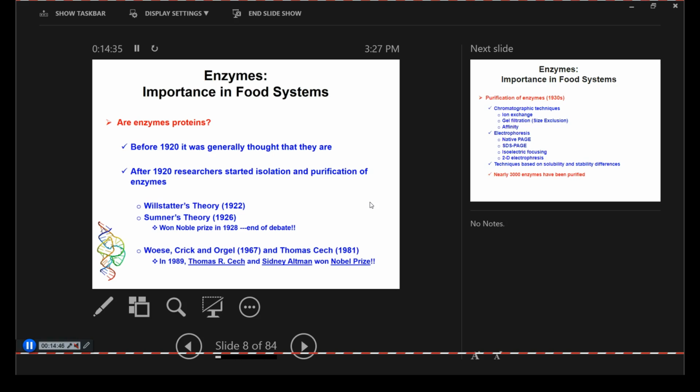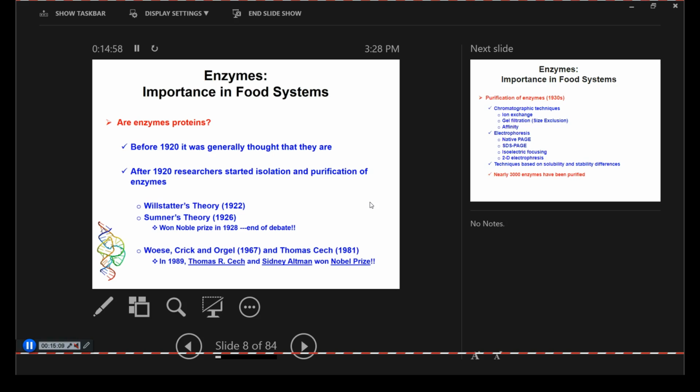Scientists from Cornell, because they were able to prove their theory and got the Nobel Prize for it. End of debate. During the debate, obviously, all the European scientists sided with Willstetter against the American scientists. But for once, American scientists won. Not for once, I'm sure there were many times. But in this case, that was the end of the story.